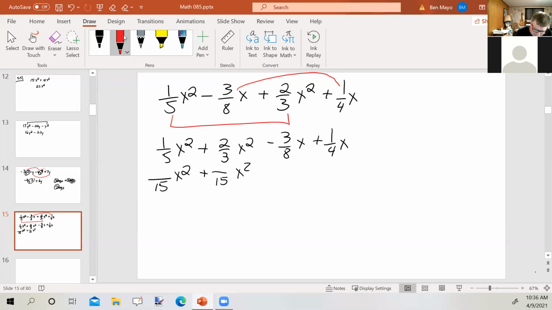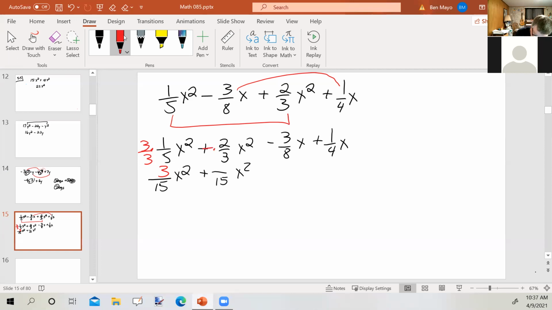So what I need to do now is take 1/5 and multiply it by 1, but I'm going to write that 1 as 3/3. So now I get 3/15. So 1/5 x squared equals 3/15 x squared. Any questions how I got there? Next, 2/3 x squared becomes something over 15 x squared.